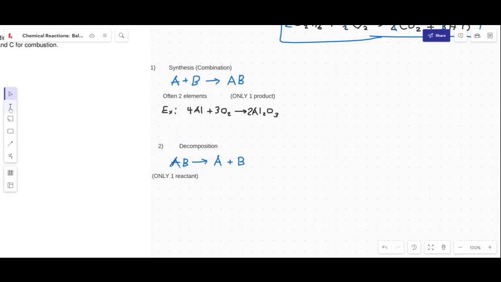Now, when it breaks apart, it could break apart into elements or compounds, but for your purposes, you can assume it breaks up into its component elements unless told otherwise.